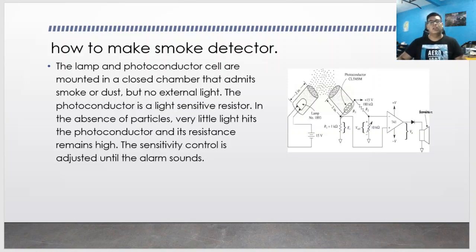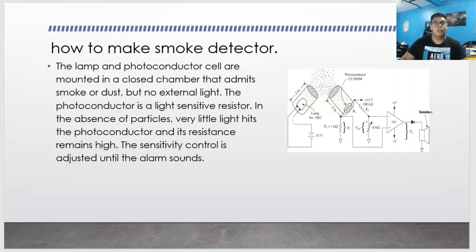Now we see how to make a smoke detector. A smoke detector internally has a lamp and a photoconductor cell mounted in a closed chamber that admits smoke and dust but no external light.